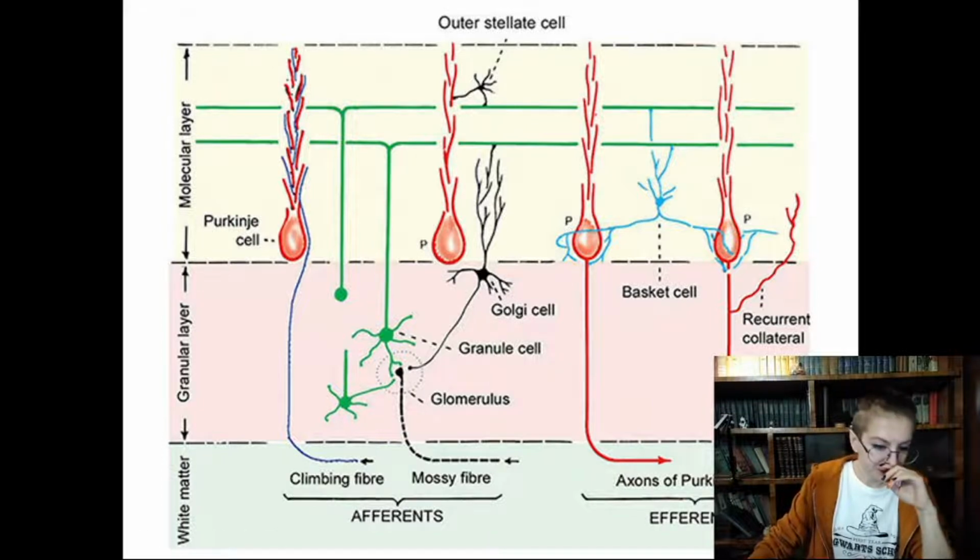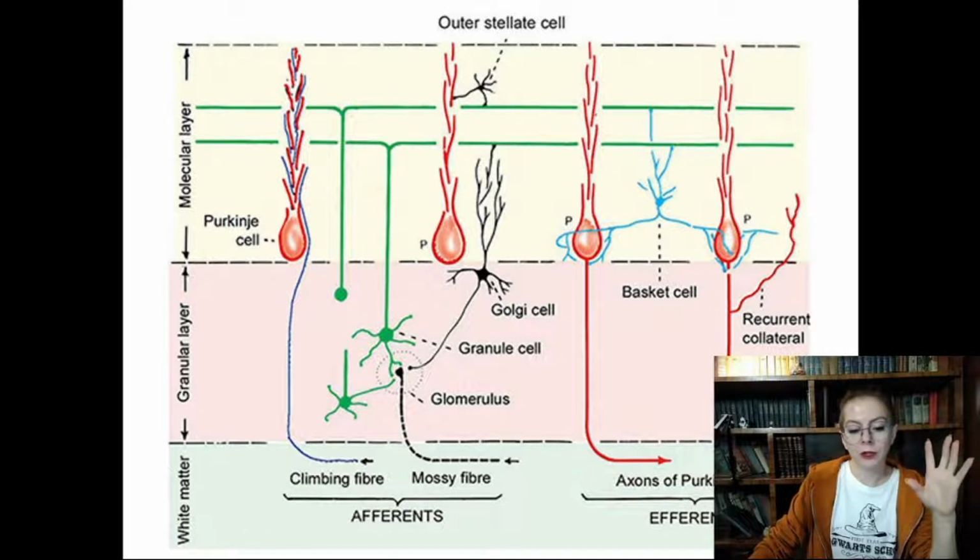Then, first of all, we have to say that almost all neurons shown here have inhibitory action on each other. So almost all are inhibitory, except 3 elements. Excitatory impulses are brought with the help of mossy fibers, climbing fibers, and granular cells. All others are inhibitory, including Purkinje cells besides.